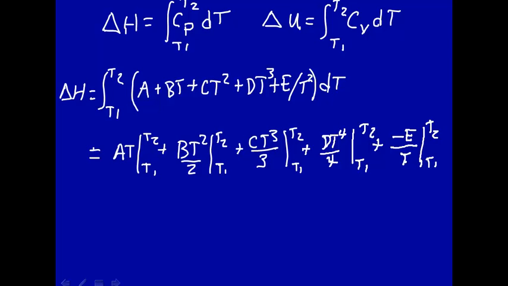All right, so that's what that is, and remember how to do the integral. This would be A T2 minus A T1 and plus and so on. So you evaluate this expression for T2 and then subtract the expression for T1.